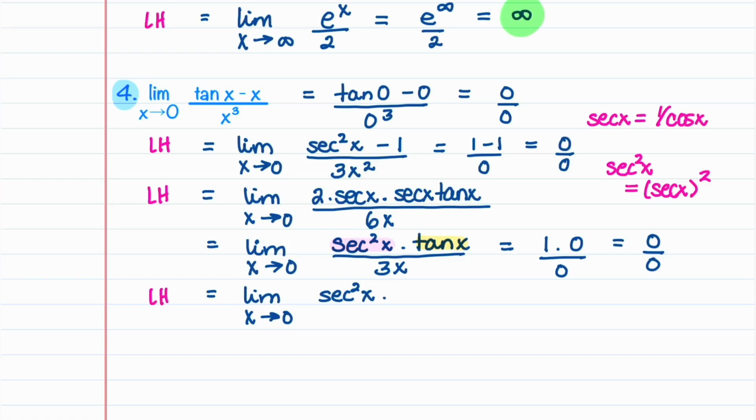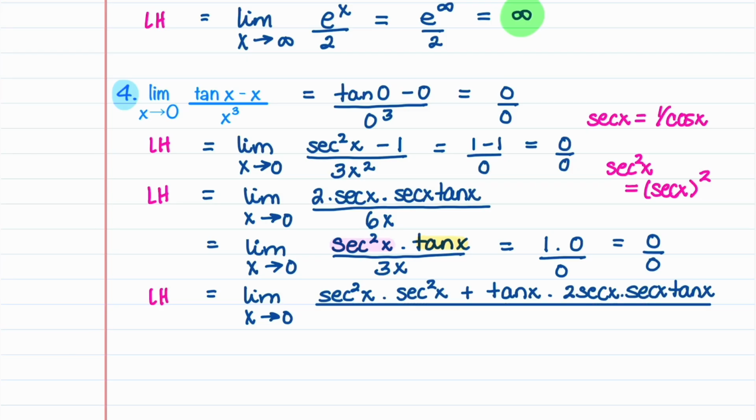The derivative of tangent is secant squared x, plus our second function, which is tangent x, times the derivative of secant squared, which we've already done. That is 2 secant x times secant x tangent x. And all of this gets divided by the derivative of 3x, which is just 3.